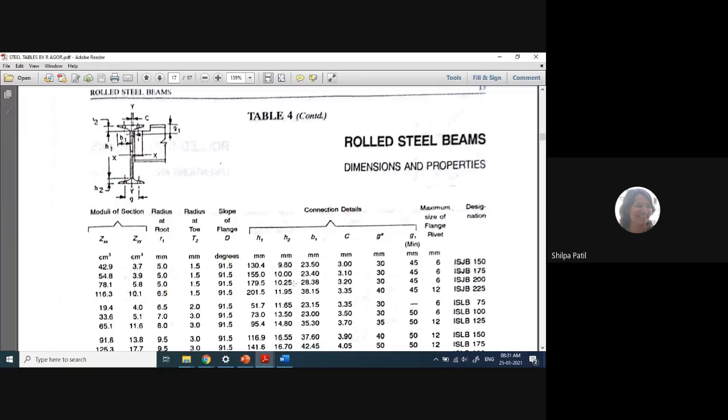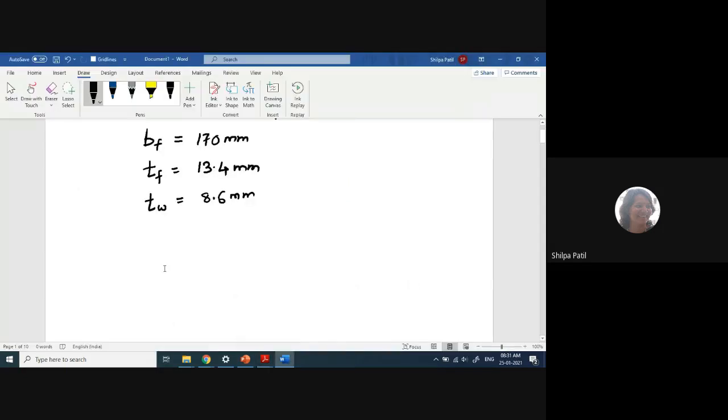So the formula becomes: D is equal to overall depth H minus 2 times the thickness, because there are two flanges, minus 2 times R1, where R1 is the radius at root. This value you can find from the steel table. So either use this formula, or simply use H1.